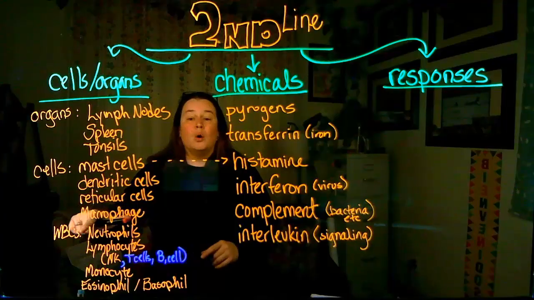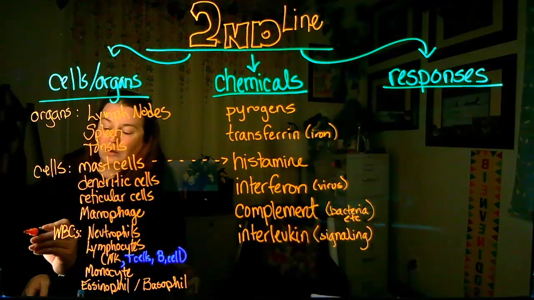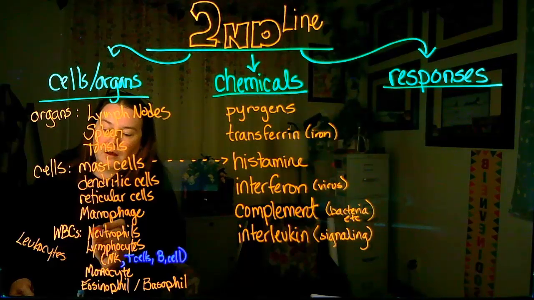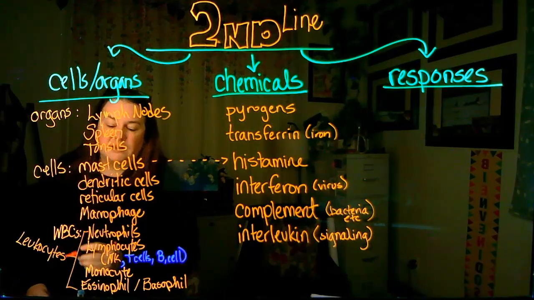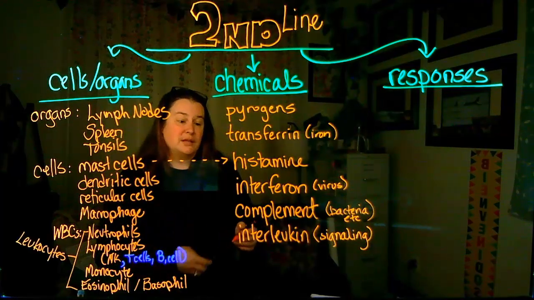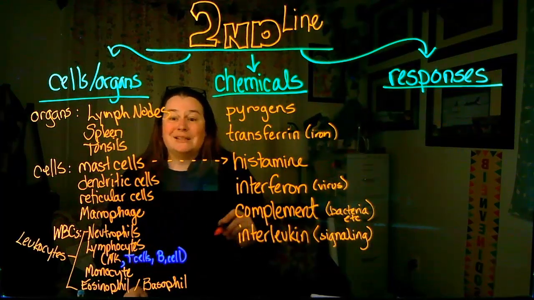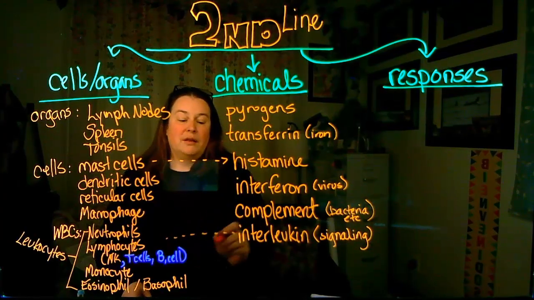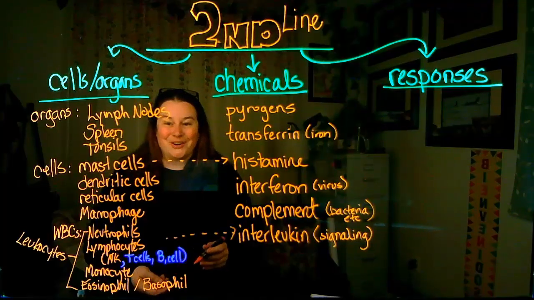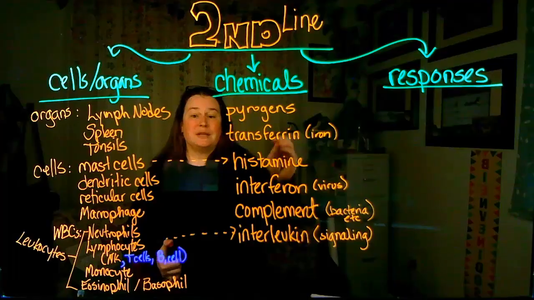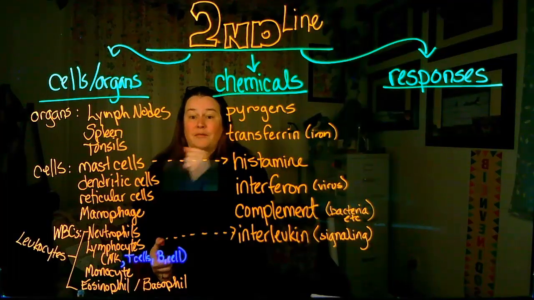So remember, white blood cells were also called leukocytes. All 5 of these are called leukocytes or white blood cells. And interleukin is the chemical. Interleukin is the signal that those white blood cells are using. So chemicals specific to communicating white blood cells, a chemical specifically coming from a mast cell.